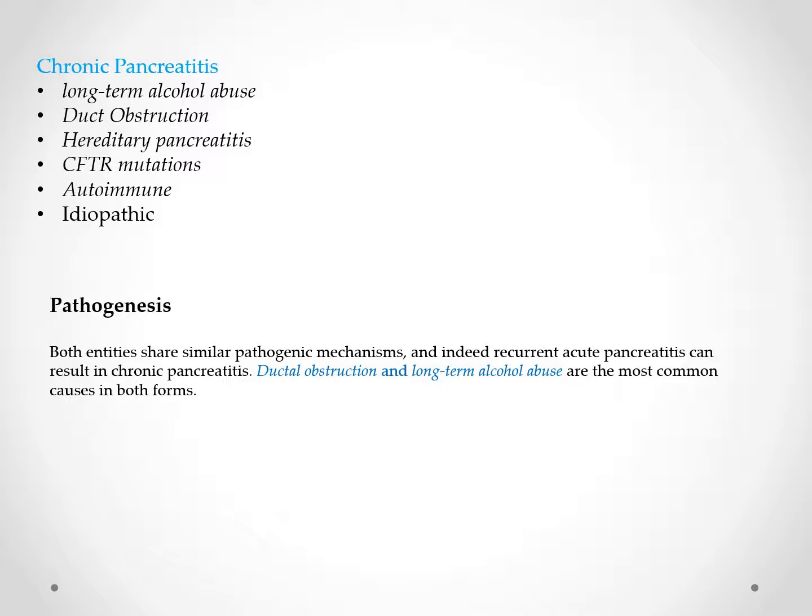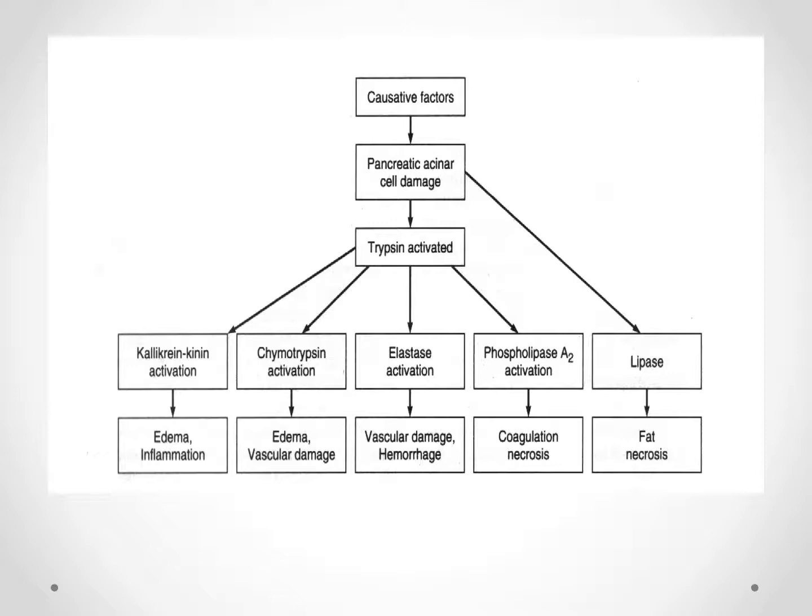For both acute and chronic pancreatitis, the pathogenesis is the same. Whatever the cause, these causes finally lead to cell injury and release of pancreatic enzymes, which lead to many types of destruction inside the pancreatic tissue according to the type of enzyme.